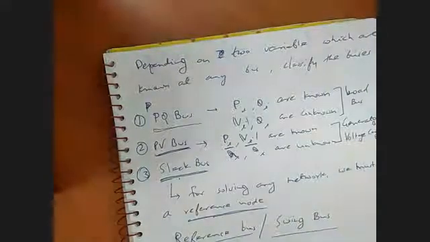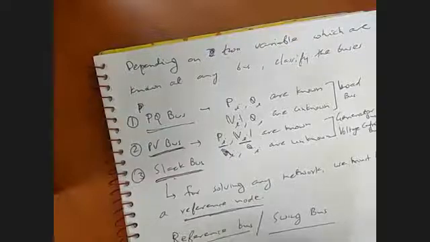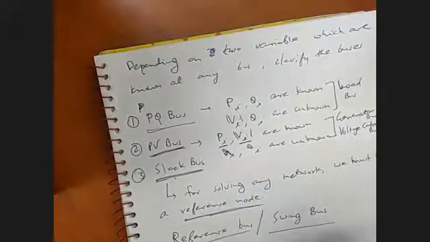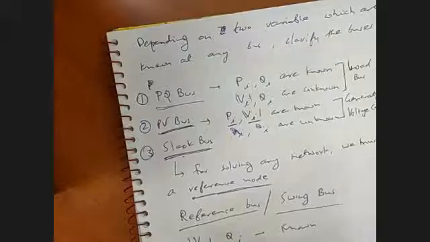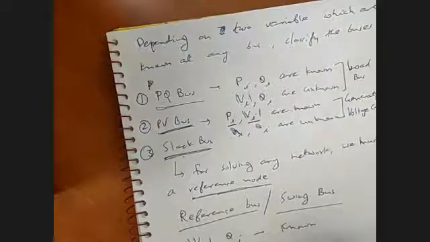At this we say that voltage magnitude and angle are known quantities, and Pi and Qi are unknown quantities.